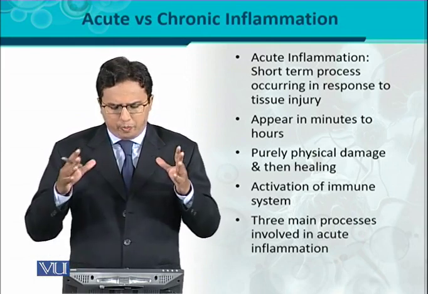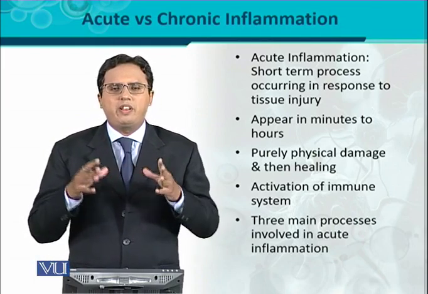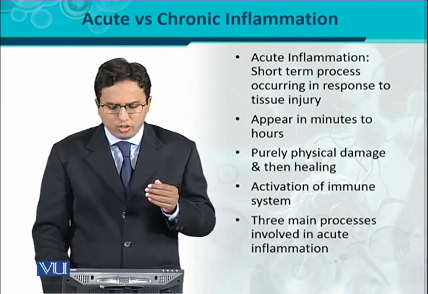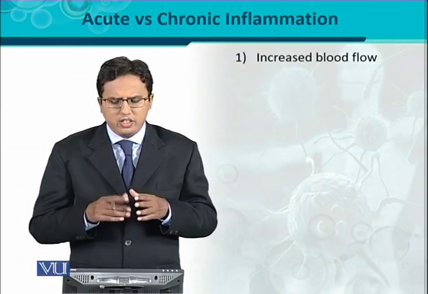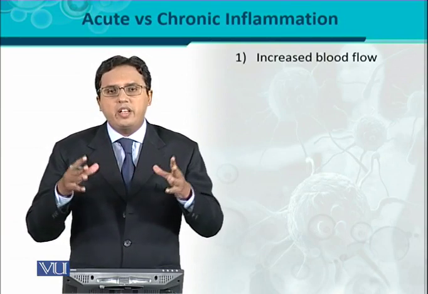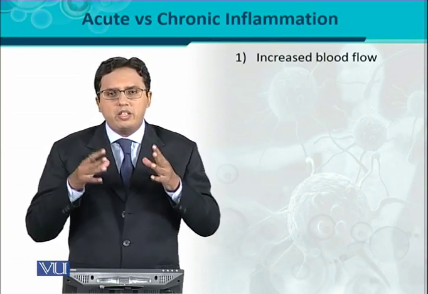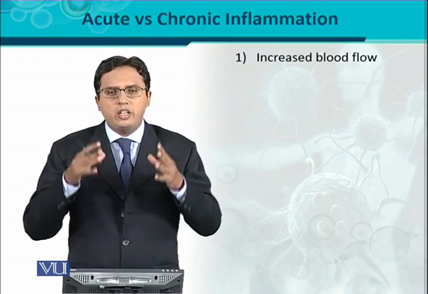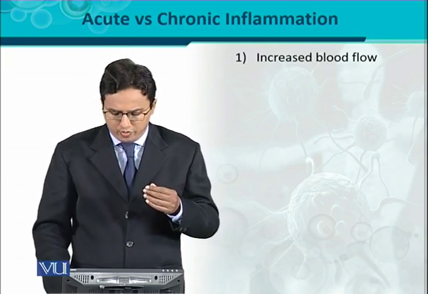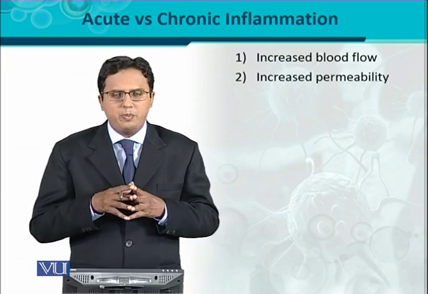So three main processes are basically involved in acute inflammation. What are those? The first one is increased blood flow, means the site where the inflammatory process has occurred, or where the infectious agent has entered, there would be increased blood flow. The second is increased permeability.